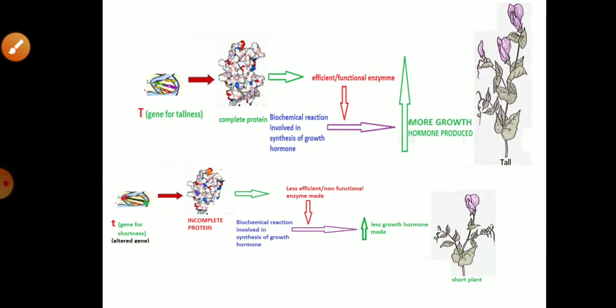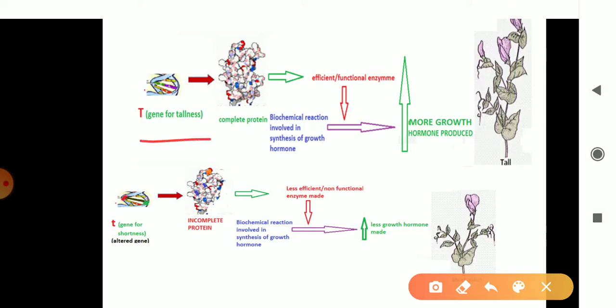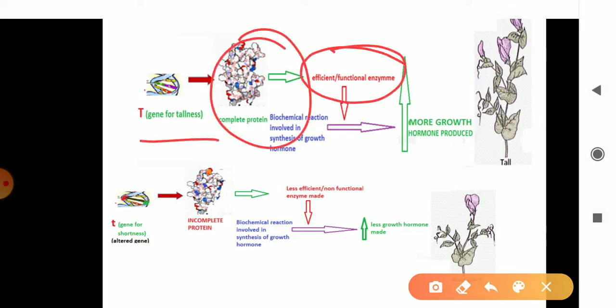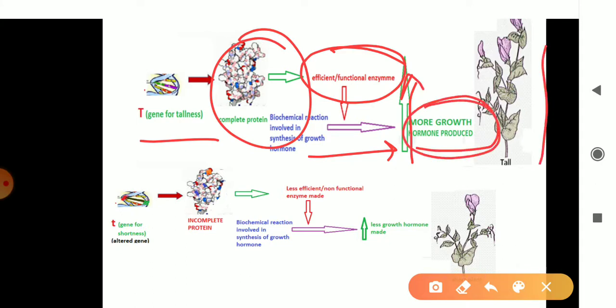The dominant genes are able to express themselves because they make complete proteins which act as fully functional enzymes, and as a result the chemical reactions that they mediate occur properly. A good amount of product is made. In this case it is the growth hormone, and the plant shows a dominant trait.